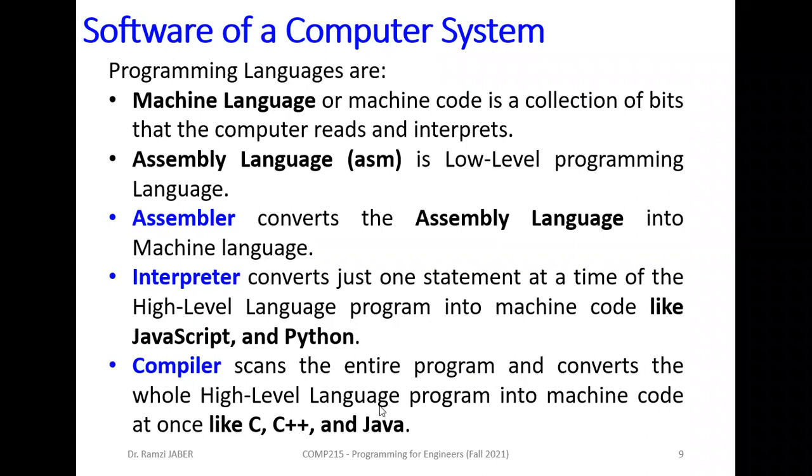So I will repeat again. What is the difference between compiler and interpreter? With C, C++ and Java, the compiler checks for errors when you convert your English code to machine code. The compiler scans all your code and states the errors inside it.